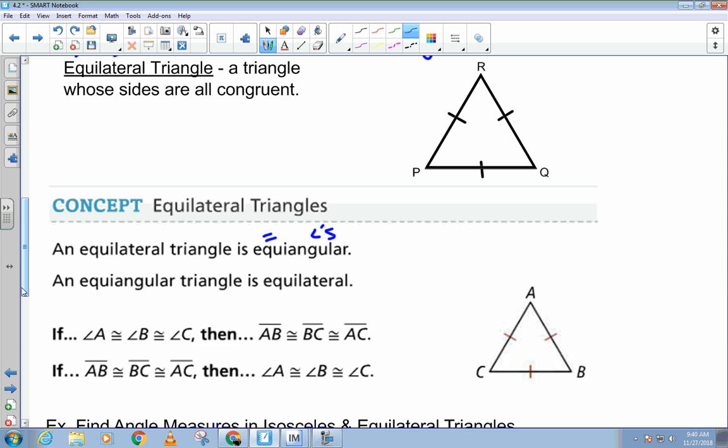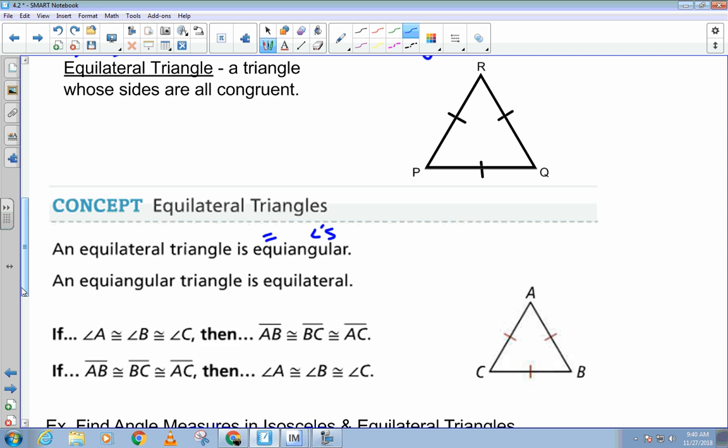The converse of that is true. If you have an equiangular triangle, it's also going to be equilateral. So basically, if all the sides are equal, all the angles are equal. If all the angles are equal, all the sides are equal. Now, if this is true, what is the measure of each angle? Not side, you don't know side. How many degrees are in a triangle? 180.